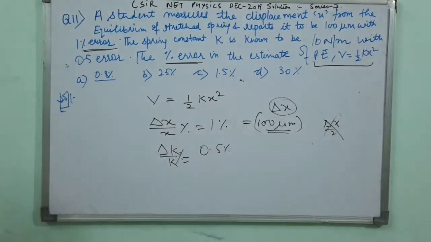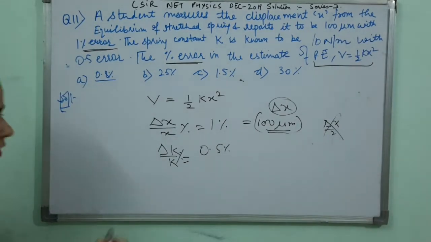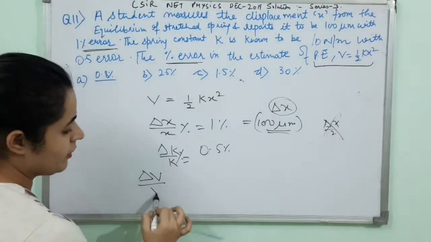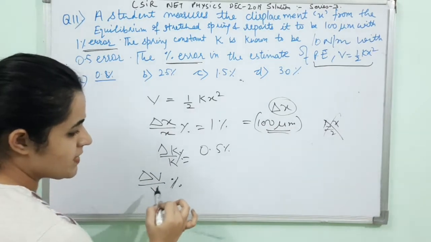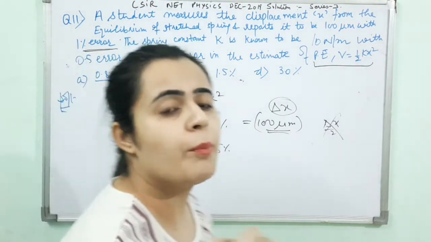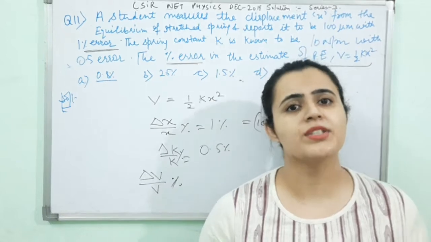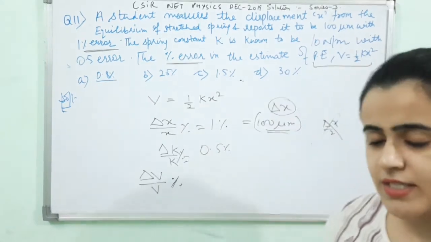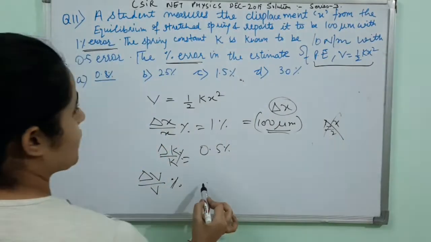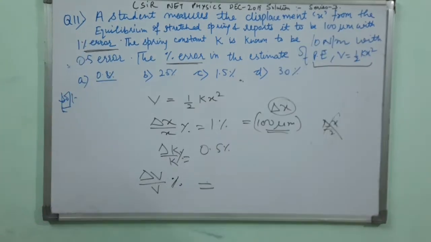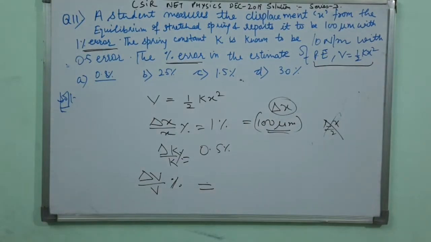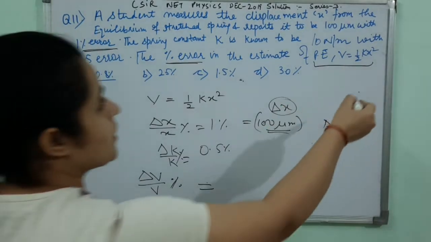Now what will be the formula for solving this? Now the formula for solving delta V, the percentage error. What is percentage? Percentage means obtained marks divided by total marks into 100. So percentage is like this form, is equal to kx square. But now solving this equation, just forget this constant 1 by 2.